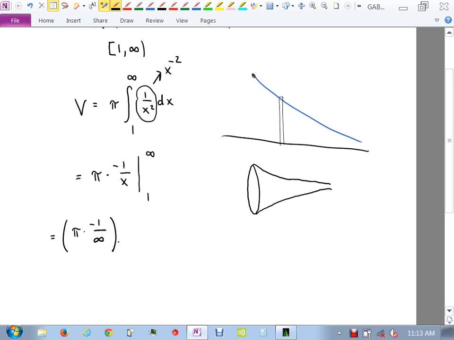Minus, now in the other one, I plug 1 in. So pi times negative 1 over 1 is negative pi, but then you're subtracting, so this is just pi. So Gabriel's horn has a volume of pi. It's kind of odd, isn't it? The thing goes forever, but it has a finite volume.